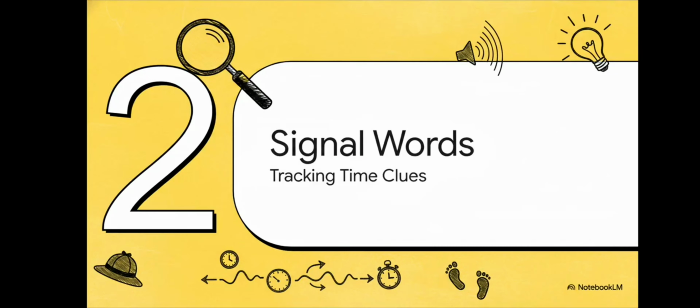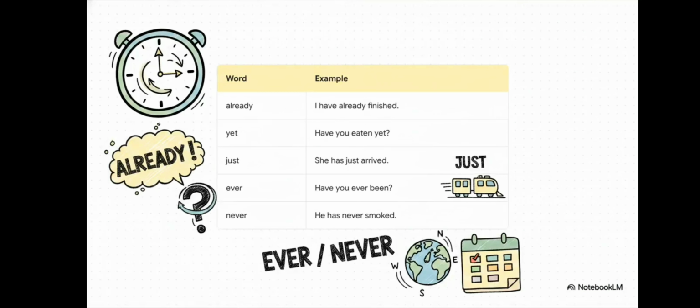Moving on to Section 2, tracking time and signals, the detective's clues. All right, these are your glaring clues. Whenever you spot these signal words, your present perfect alarm should immediately start ringing. Already means it happened sooner than expected, like I have already finished.